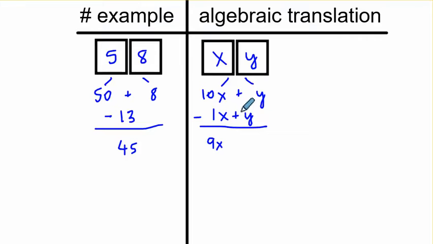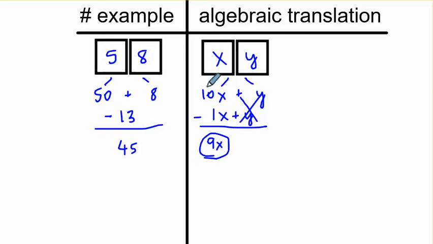Well, what happens when you have y and you subtract a y? They actually cancel out. So what are we left with? We're left with 9x, which means that no matter what number you start with, not only will you always wind up with 9 times whatever your x value was, but it also means that any multiple of 9 will be your answer.